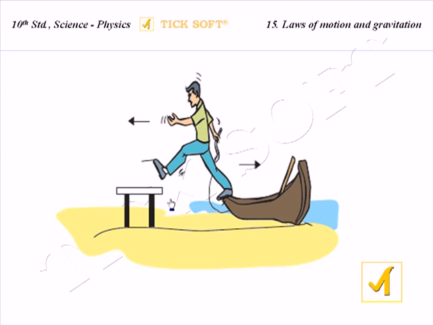Now we see another example. A man jumps from the boat to the table. Here, when the man jumps, the forward force is equal to the backward force. The boat moves in the opposite direction.